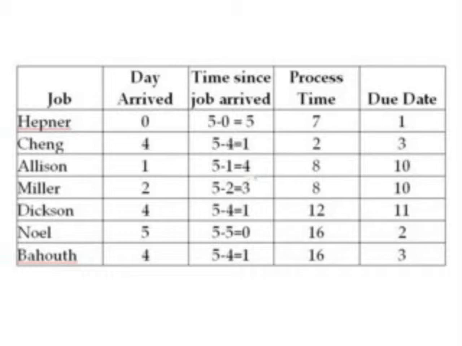The only difference with this problem is, first, you need to compute these times since each job arrived, and then you begin your process analysis at day 5, because right now we are at the beginning of day 5. So the starting day to process job 1 is day 5. It takes 7 days to process the job.